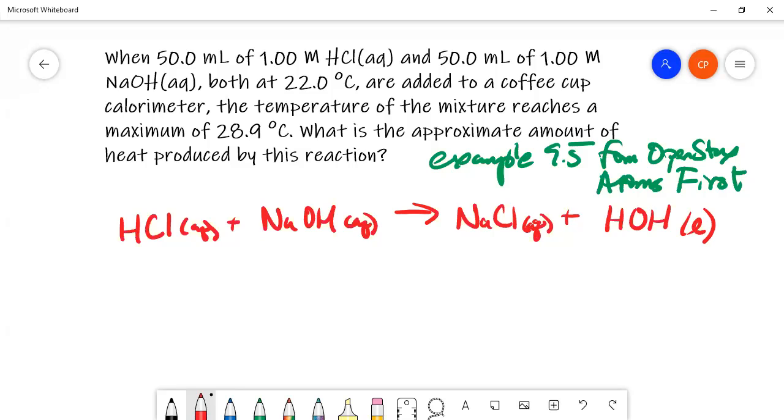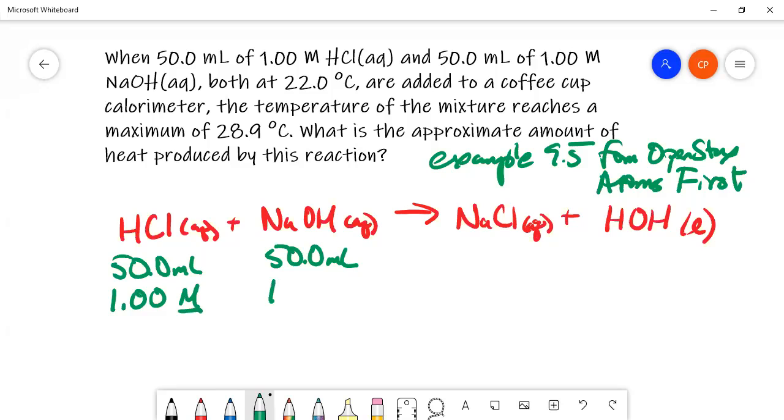Combining an acid and base. And it's significant that I'm combining the same volume of the same concentration of these guys.